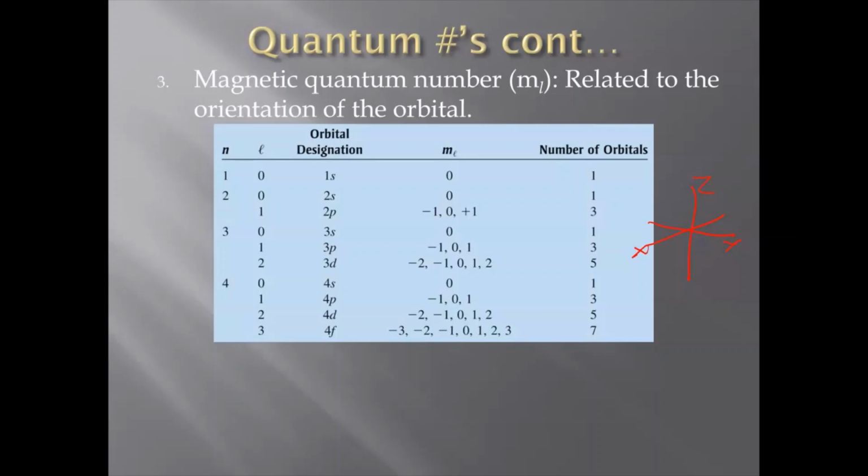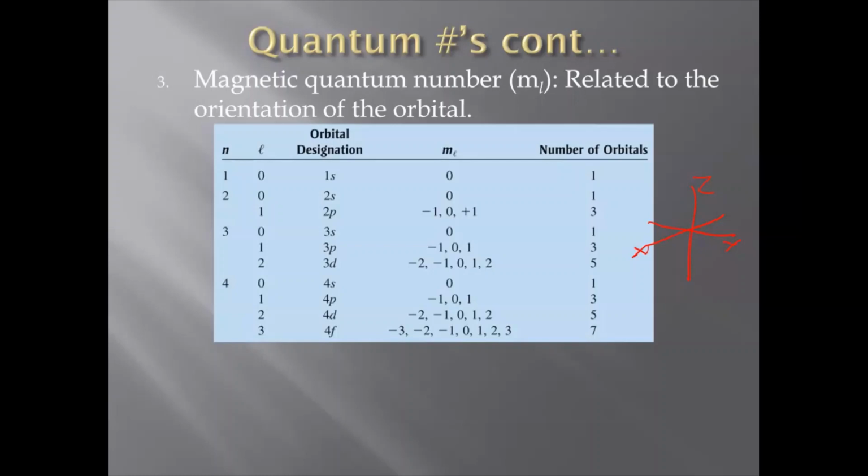You have to understand and learn what directions these orbitals are oriented in, whether it's an XY plane, a Z plane, an X, etc. And that's something we'll look at in a little bit more detail later into this PowerPoint.